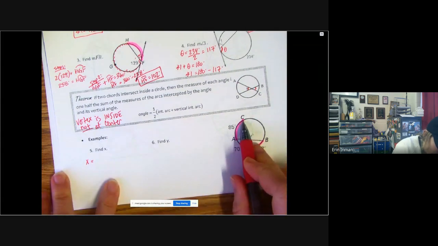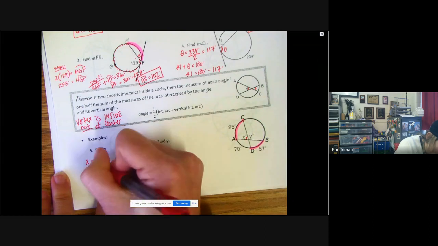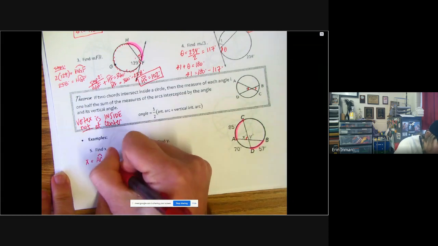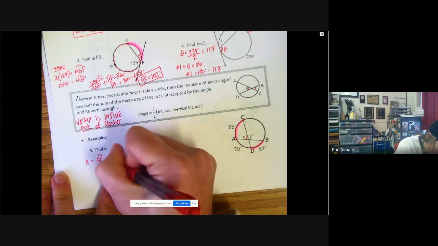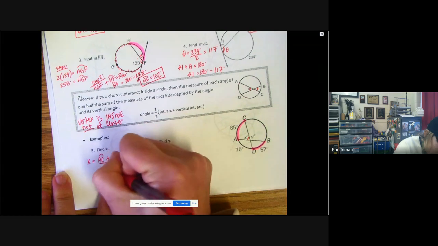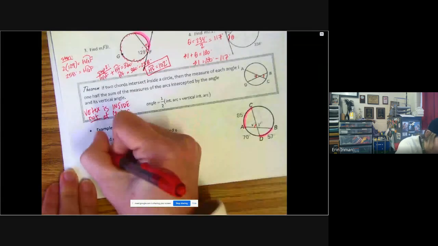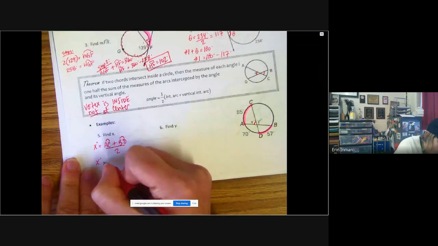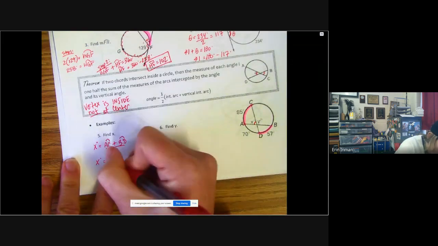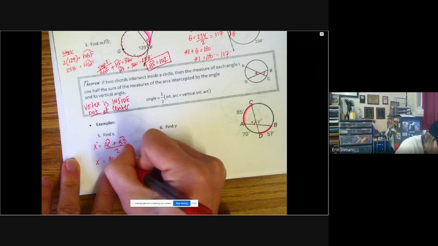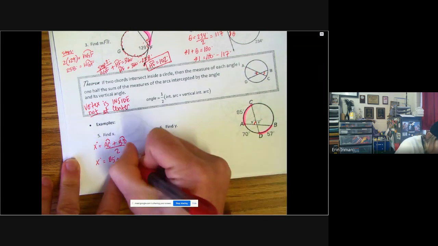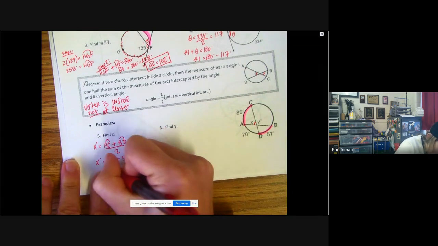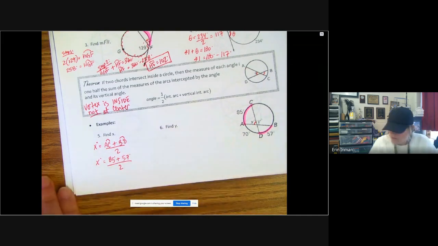So it's going to be arc AC plus arc BD divided by 2, equals X degrees. All right, and so when I substitute in my values here, AC was 85 degrees, BD was 57 degrees. I want to add those 2 together before I divide by 2.